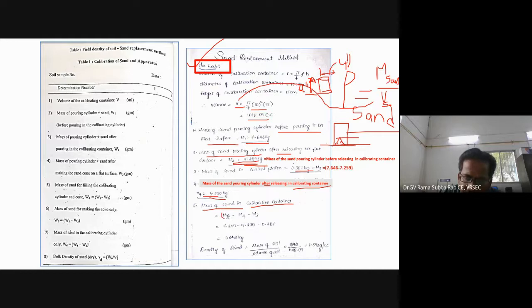But don't forget to deduct the conical portion, because once you release the shutter, the sand will fill the calibrating container, and apart from that, we have the additional conical portion.